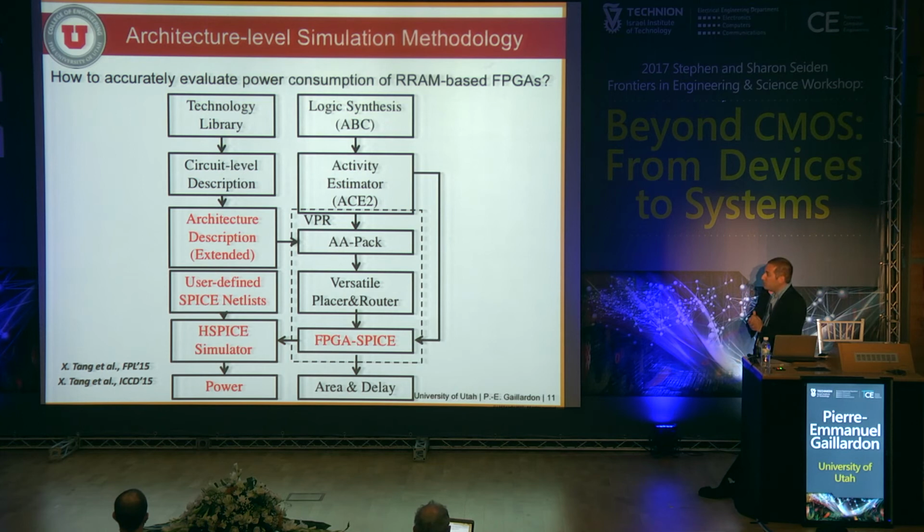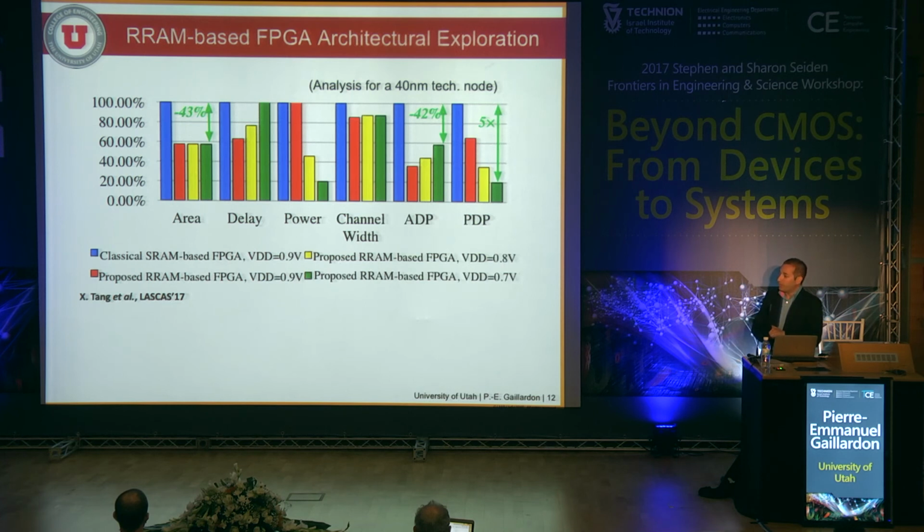What we're going to get, for a resistive RAM, is that here I'm showing area, delay, power, ADP, and PDP for classical SRAM-based FPGAs and RRAM-based FPGAs at nominal, near-VT and sub-VT.